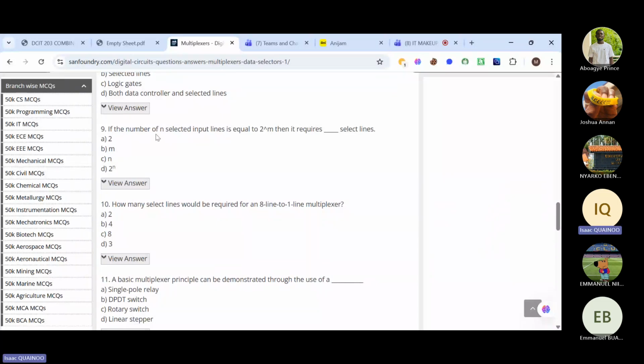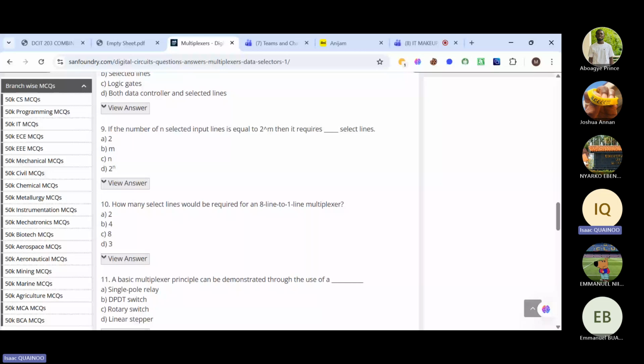So we derive this from the expression for a multiplexer, that is when we are deducing the number of inputs. We said that the number of inputs is equal to 2 raised to the power n in the original formula, where n is our number of select lines. So in the question, we said that the number of inputs is 2 raised to the power n.